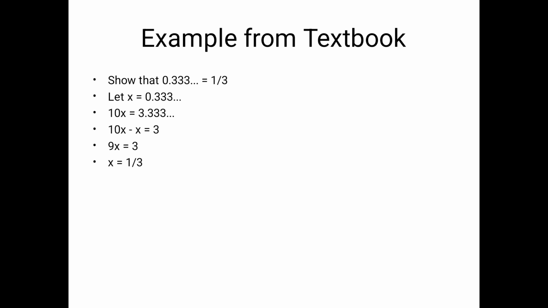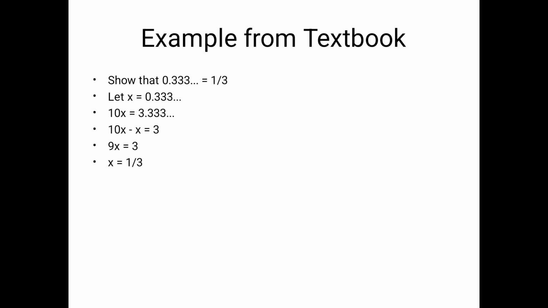Decimal expansion. Here the question is to show that 0.333 and so on is a rational number, or the question may be like express this in p by q form, or find its rational form.